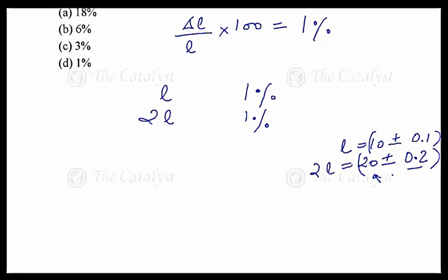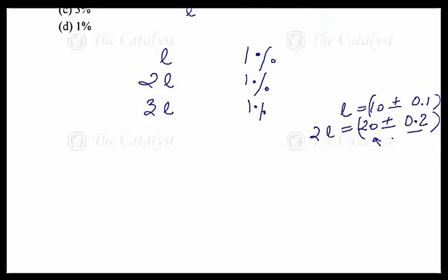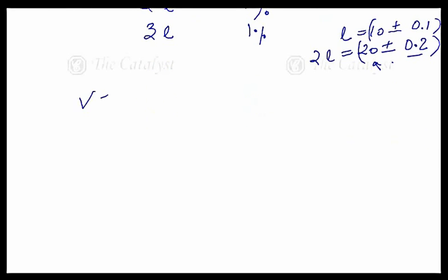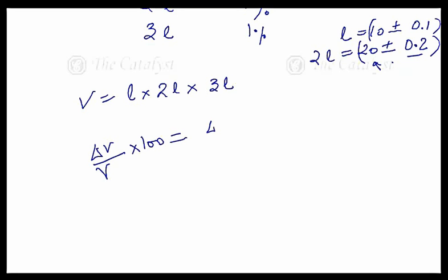Okay, just merely multiplying a length by 2 does not mean that the percentage error will increase, right? So the percentage error in L, 2L and 3L will be 1% only. So if you are finding volume in this fashion, then the relative error in volume will be delta L upon L, and 3 times, because the error in this and this is same, so the relative errors are going to add up.